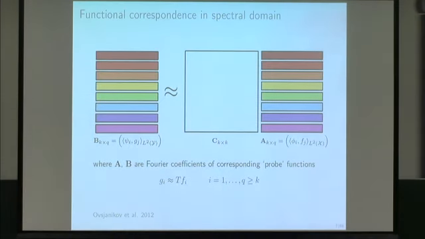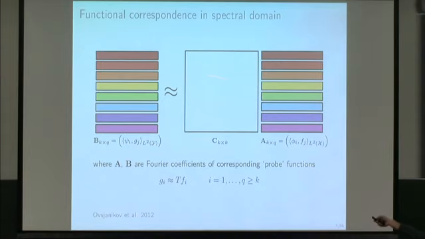Now if I'm given the Fourier coefficients of some set of known corresponding functions f_j and g_j, and this is my matrix C that relates between them, then if I can construct such corresponding functions with which I'm probing my correspondence, the problem of finding the correspondence simply boils down to solving a linear system of equations.